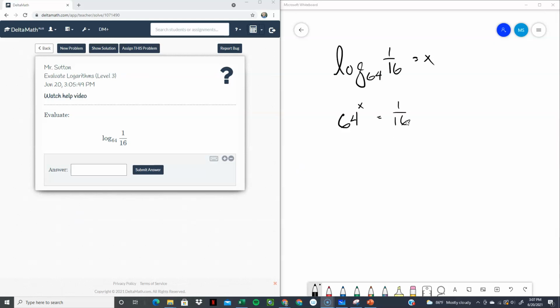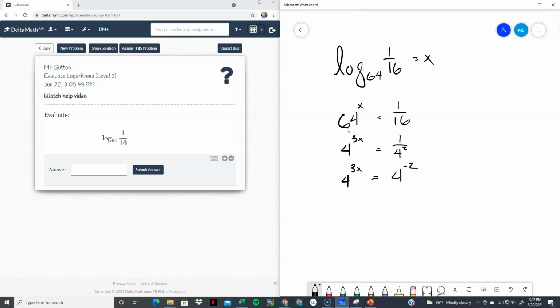Because 16 squared is already 256, so much bigger than 64. But 4 squared is 16, and 4 to the third power is 64. So we can do that. 4 to the 3x. And then this would be 1 over 4 squared, which we can rewrite as 4 to the negative 2 power.